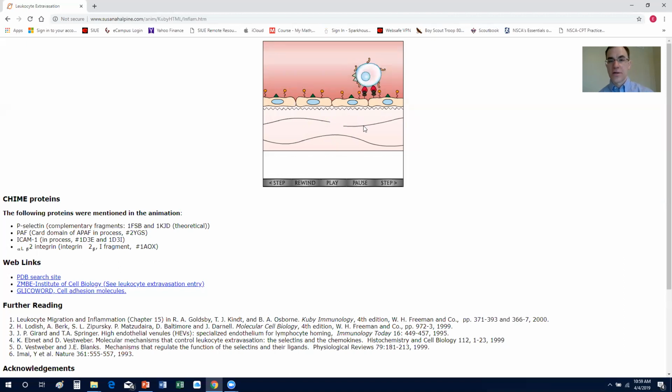And then through transmigration, the monocyte is able to enter the coronary artery intima. All right, so that should give you some idea as to how the monocyte is able to make its way into the coronary artery.